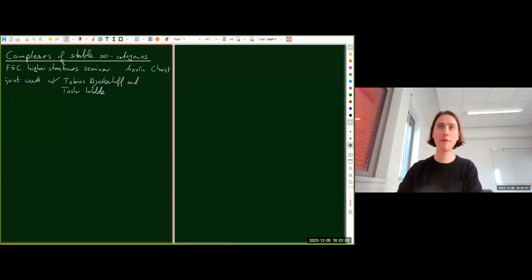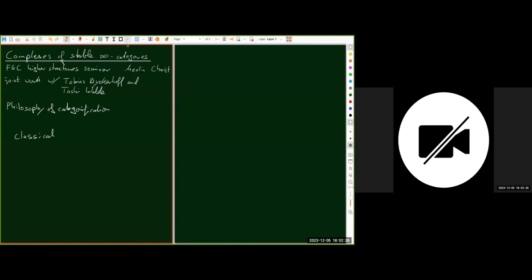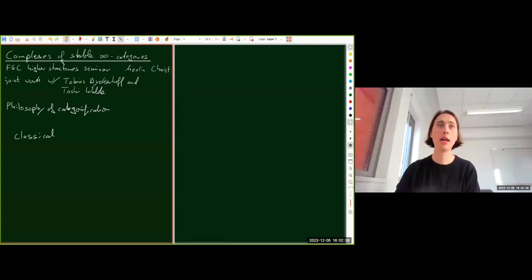For this, I would like to start with the philosophy of categorification, or at least our philosophy. There are many different ways to categorification, but this is one of them. We have classical concepts and categorified concepts.